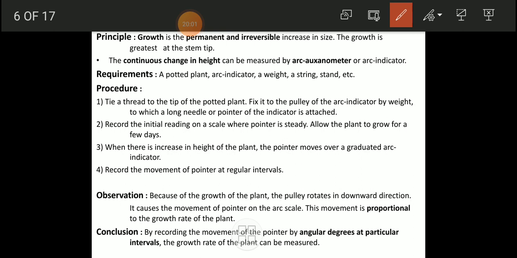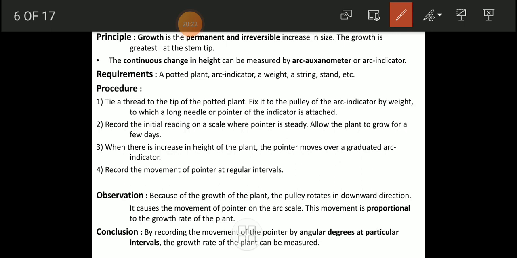Now, after getting an idea about the requirements, the procedure: first of all, we have to tie a thread to the tip of the potted plant. Why to the tip? Because we know that meristems are present that undergo division and redivision. Below the shoot tip, we attach the thread.